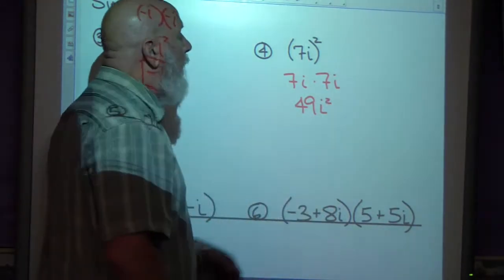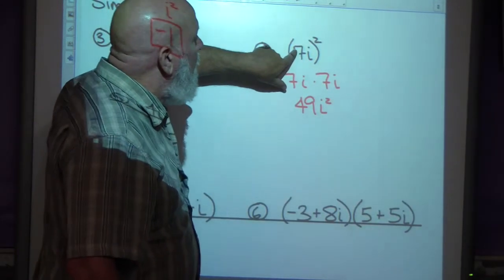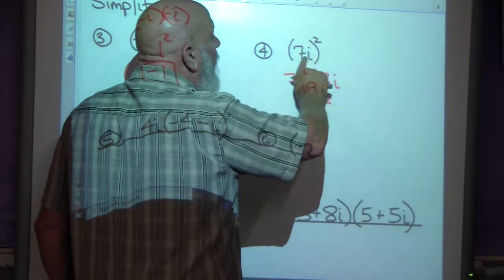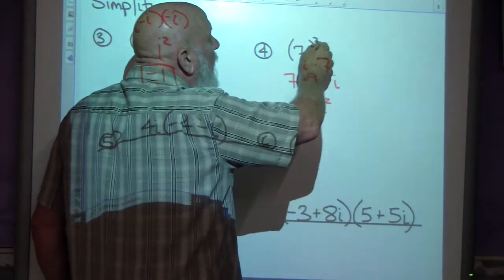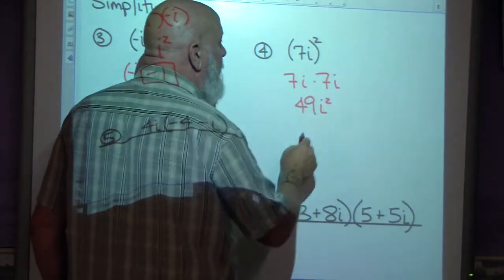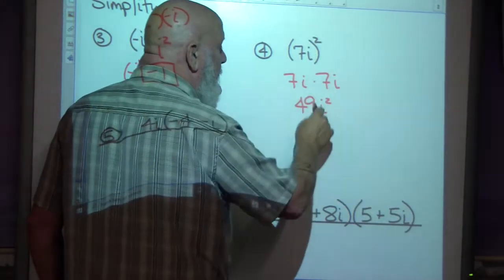You could use the property of exponents, that if you have a power over a product, each term of that product is raised to that power, as long as this is a product. So you got 49 times i squared.